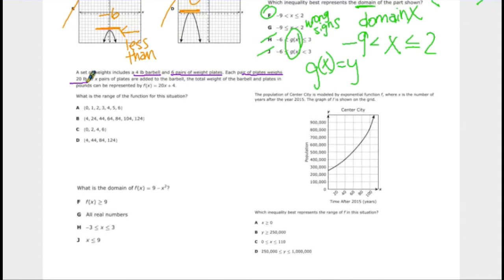If x pairs of plates are added to the barbell, so x equals pairs, something to take note of, the total weight of the barbell and plates in pounds can be represented by f of x equals 20x plus 4. So our weight equals f of x, and that equals 20x plus 4.